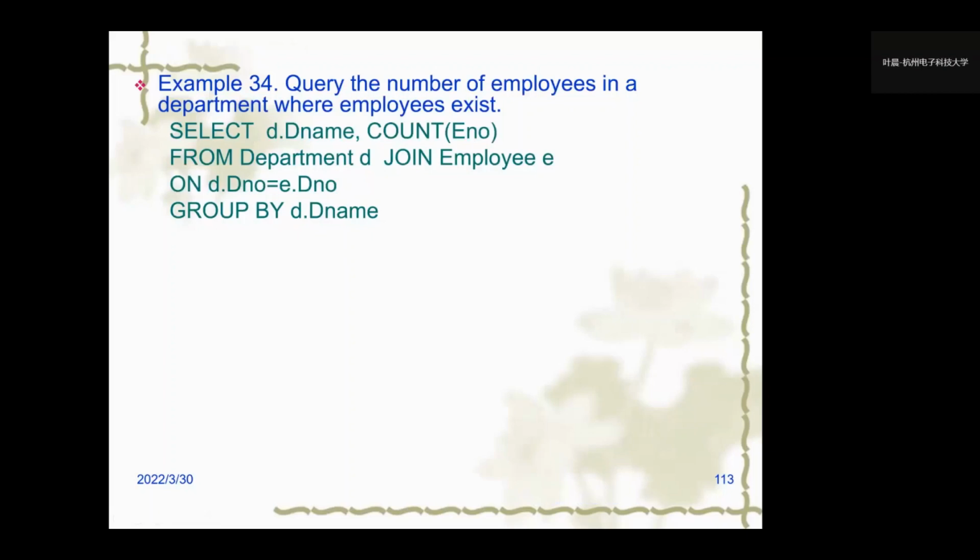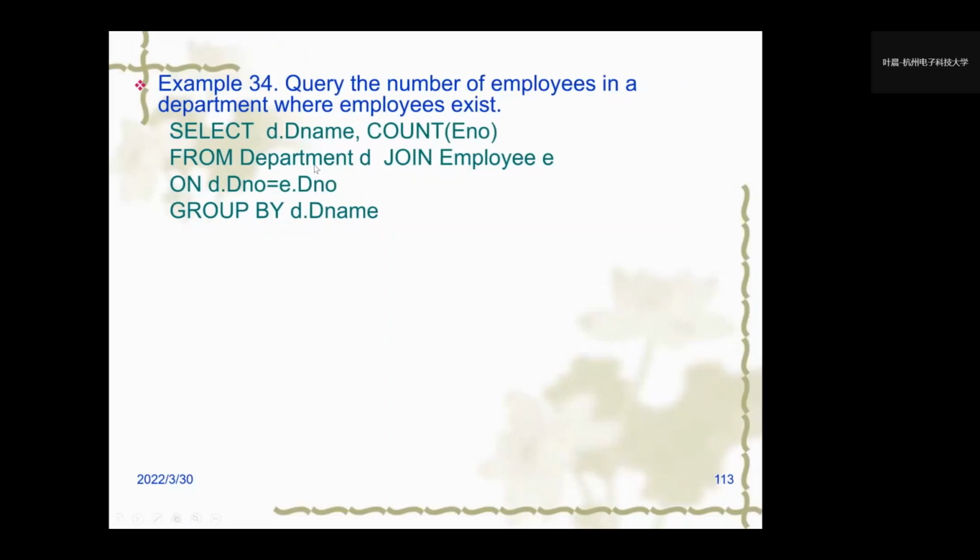So what's the meaning of this SQL? First, if you want to query the number of employees in the same department, you need to group the whole department according to their name. So the employees in the same department will be grouped in the same group.